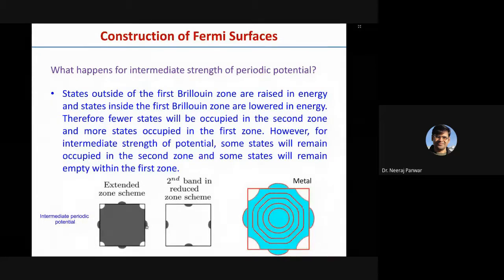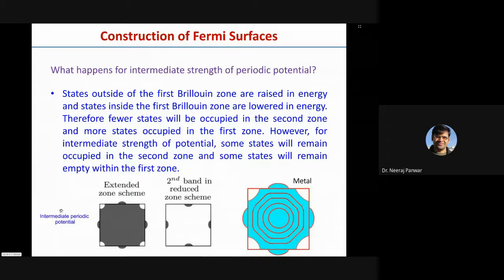This is the part; if we translate it by a reciprocal lattice vector, it will come here, and the remaining parts do the same. So these are the sections of the Fermi surface lying in the second band, but now they have been shifted to the first Brillouin zone, and it is the reduced zone scheme. This picture is the same as the previous picture.